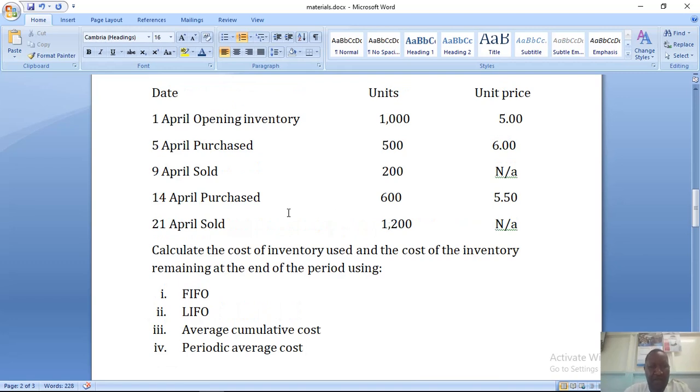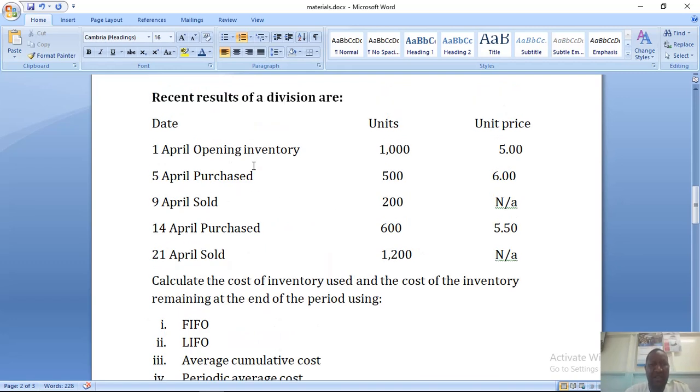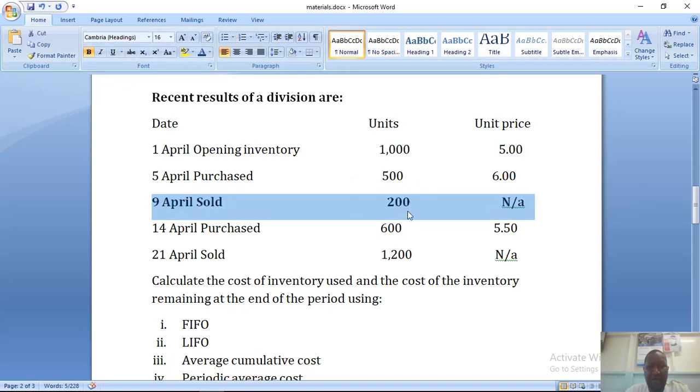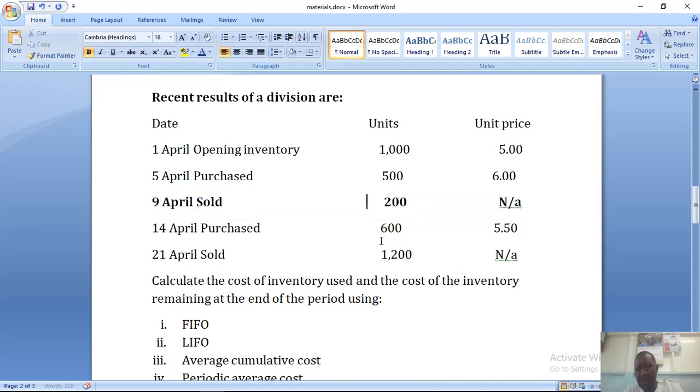So what we are noticing from the data provided is that we've got an issue happening on the 9th of April. 9th of April, that's 200 units issued.